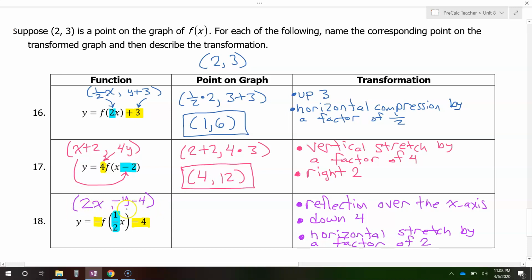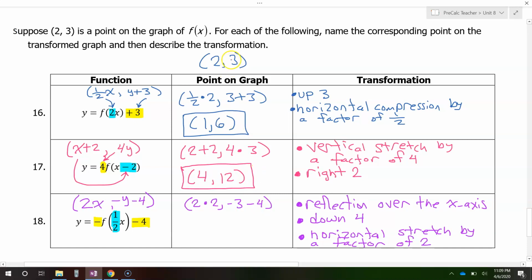So this is the rule that will transform each point. If I apply that rule to the point 2, 3, I'm going to do 2 times the x value, so 2 times 2. And then I'm going to do negative y minus 4, so negative 3 minus 4.